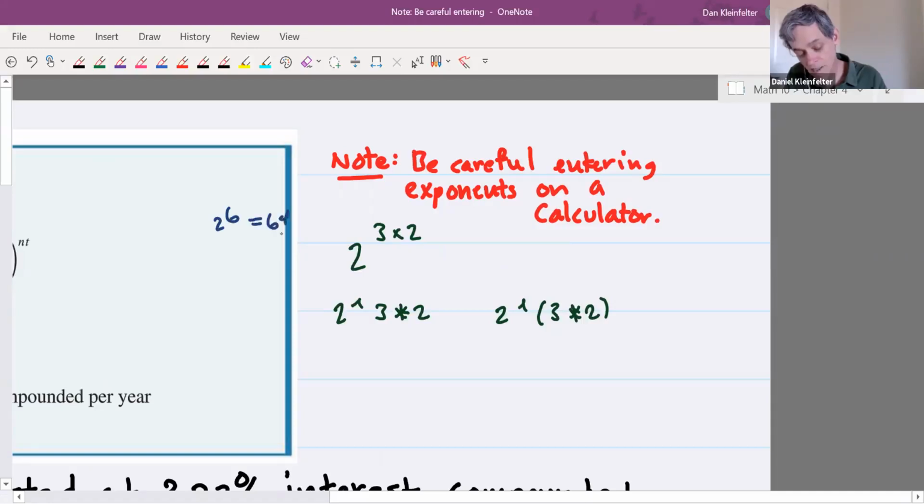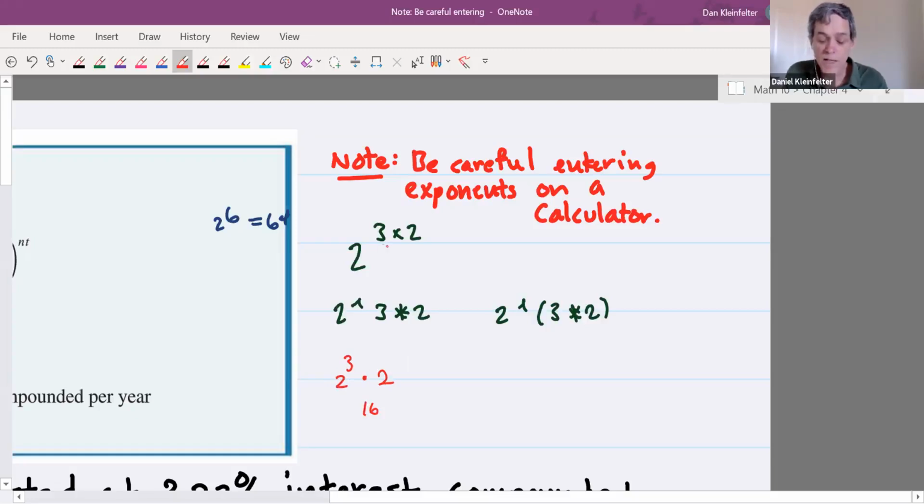So this is the answer that you should get. Just 64. If you type in just 2 and then this caret or up arrow for power and then 3 times 2, the calculator is going to just follow literally order of operations and do exponents first. So the calculator would read this as 2 cubed times 2, or 8 times 2, or 16.